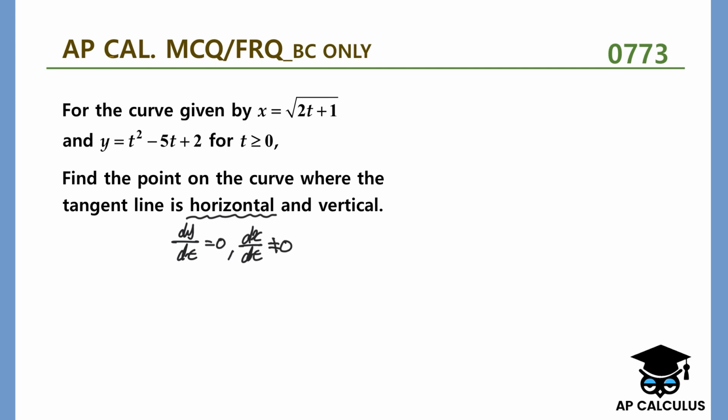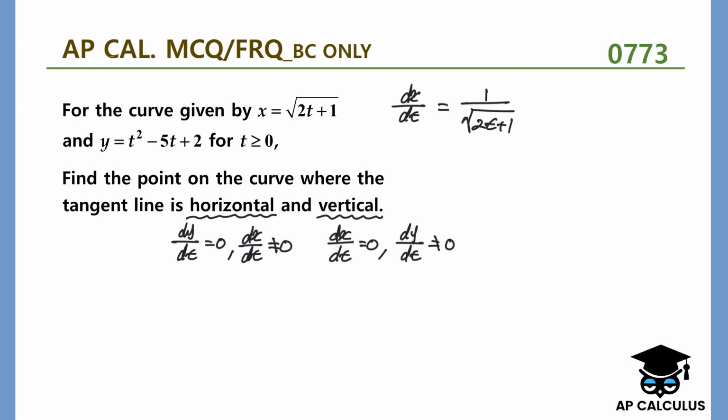And we have a vertical tangent line when dx over dt equals 0 but dy over dt is not equal to 0 at the point. We know that dx over dt was 1 over the square root of 2t plus 1, and dy over dt is 2t minus 5.